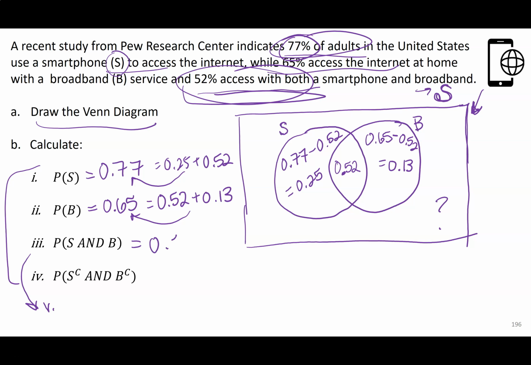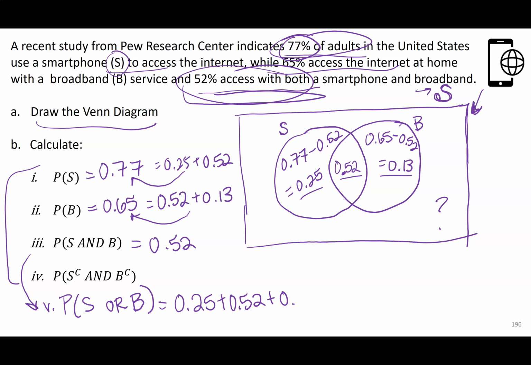So the probability of both, they gave us that right there. That's just that 0.52. So then I'm going to say, okay, well, the probability that I randomly select somebody and they have a smartphone or they have broadband or they have both. So they have at least one of them. I can add all parts of these wedges here together. So 0.25 plus 0.52 plus 0.13.